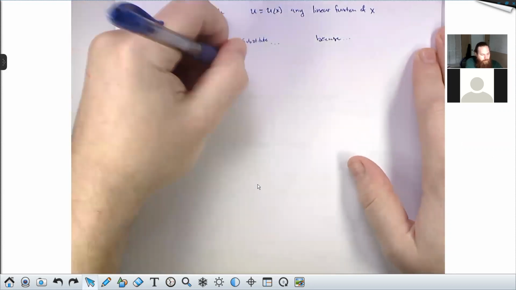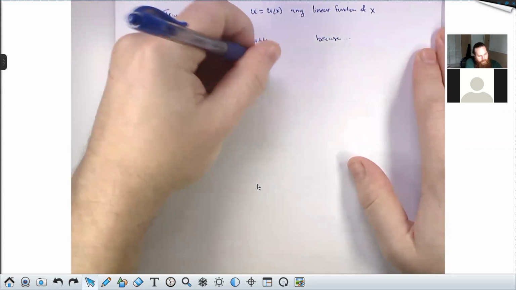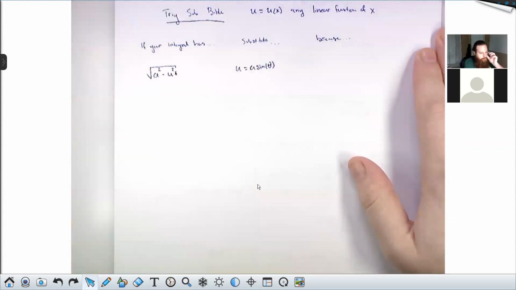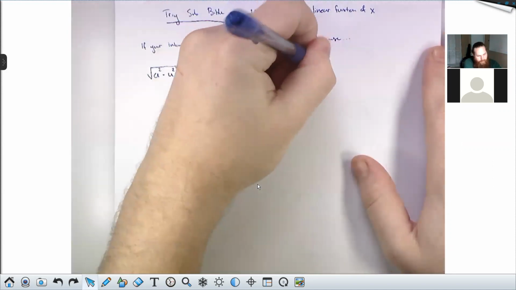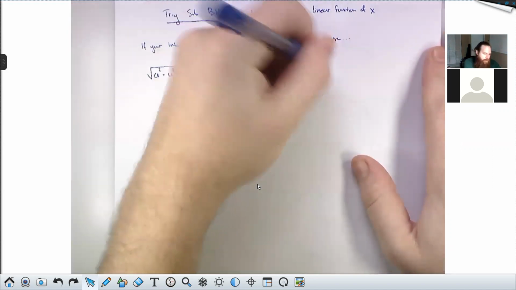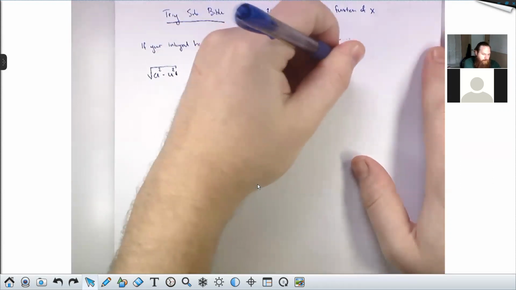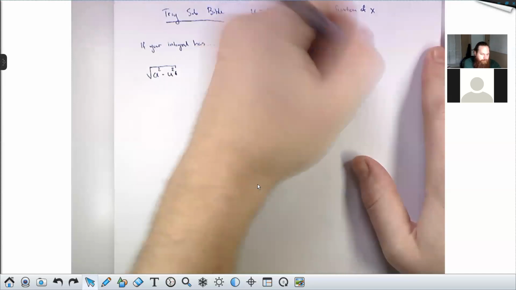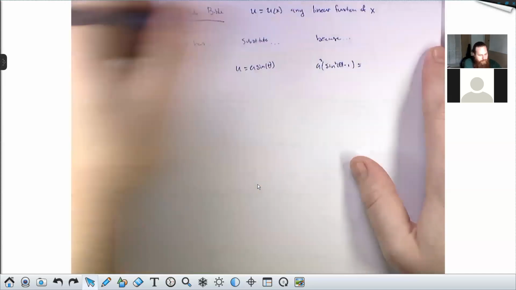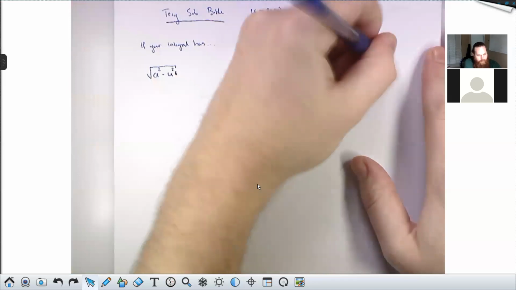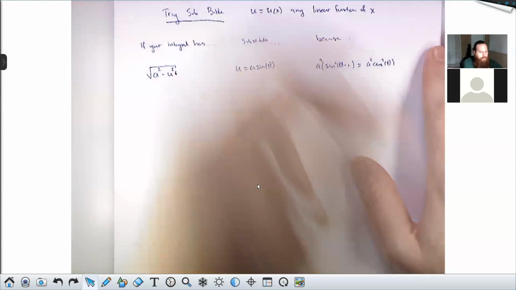then you should substitute u equals a sine theta. Because a squared, parentheses, sine squared theta minus 1, is going to be a squared cos squared theta, and the square root of that is nice.